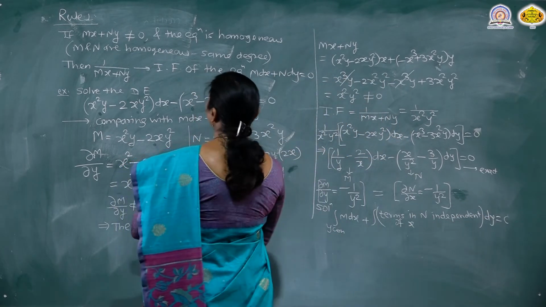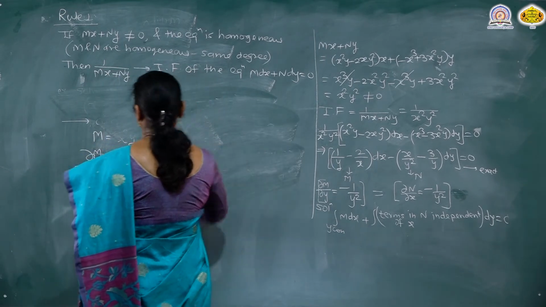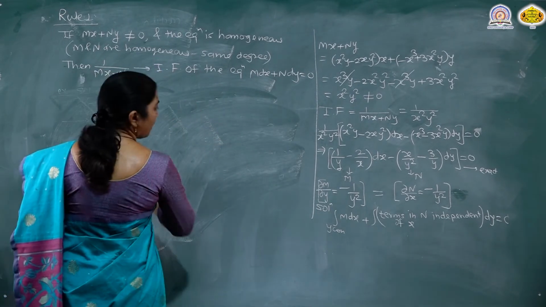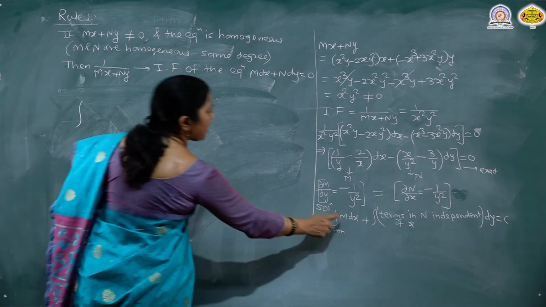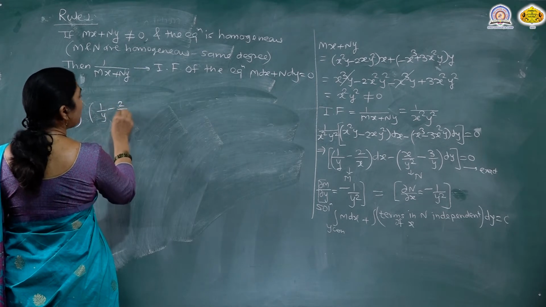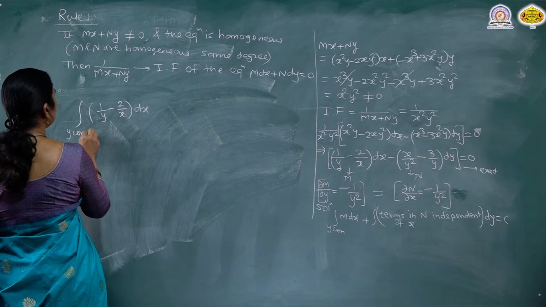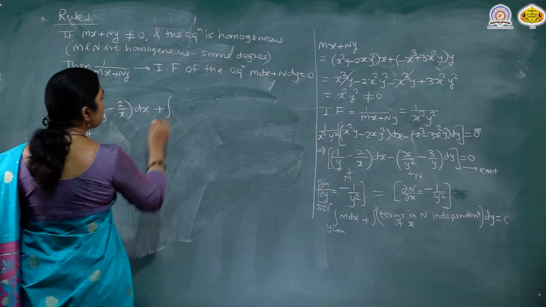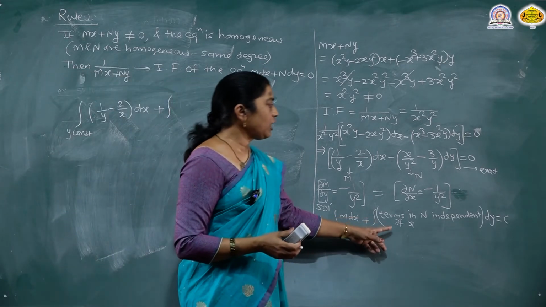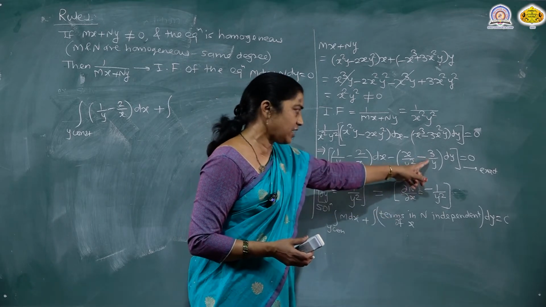So the solution becomes integral M dx. M is this, so 1 upon y minus 2 upon x dx over y constant, plus terms in N independent of x. The term which does not contain x is the second term.